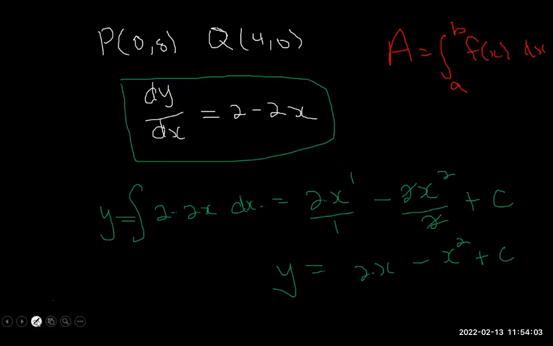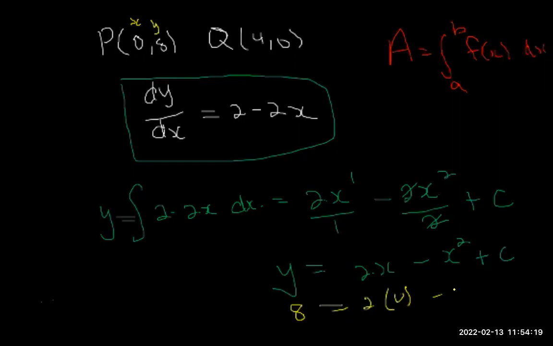So using point P, just because it's the first one there. Remember the coordinates are in the form (x, y). So when y is equal to 8, x is equal to 0. So 0 minus 0 squared plus c, and therefore my value of c is going to be equal to 8.